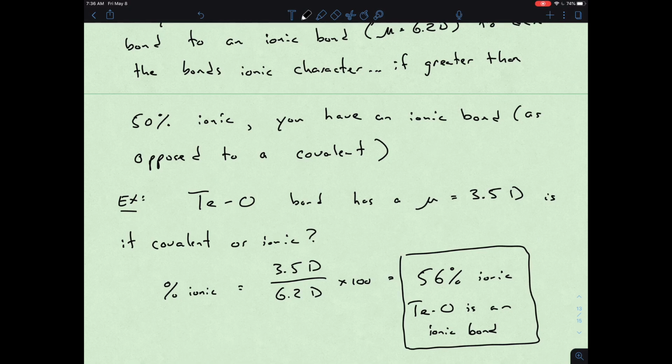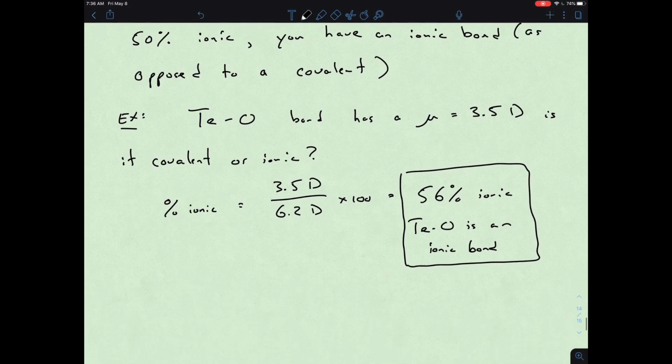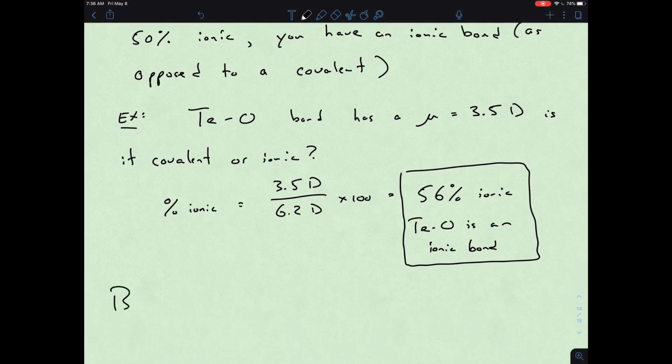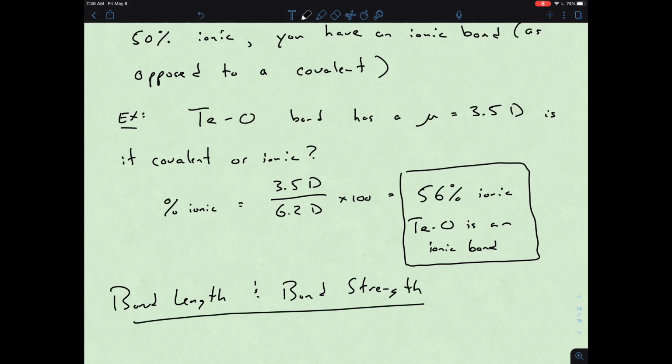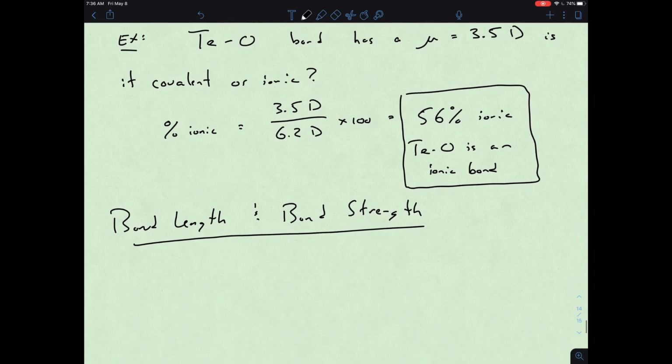The other relationship we want to get into is bond length and bond strength. And these are just some trends I want us to kind of understand. Single bond is basically the longest. Triple bond is the shortest.